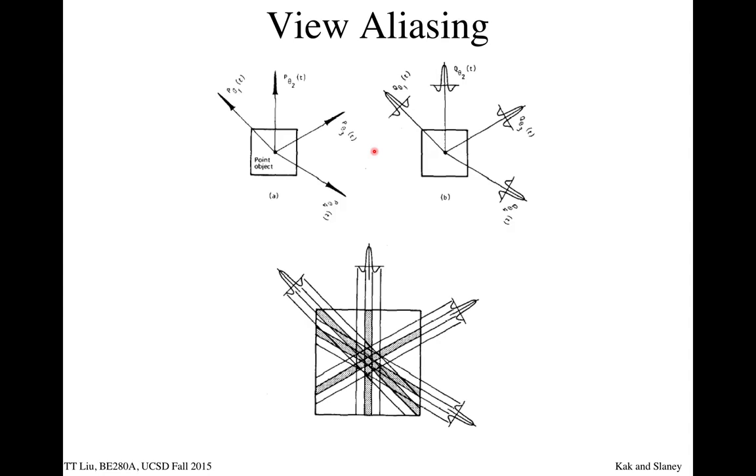So this is called view aliasing or undersampling. If we have a point object, this is basically our point spread function along g(l, theta) from our sampling, right? We then convolve it with either the inverse Fourier transform of the ramp, if we're just going to do it with no filtering, or the inverse Fourier transform of a Hamming filter, which smooths it out, remember we saw these kernels get a little smoother.